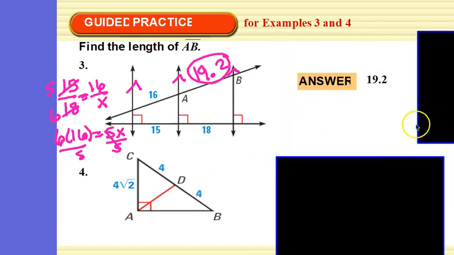I got 19.2. Did you guys get that? 15 is to 18 as 16 is to what? I reduce, cross products, and solve.